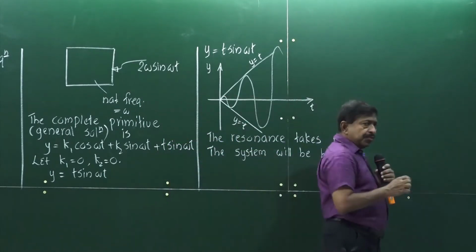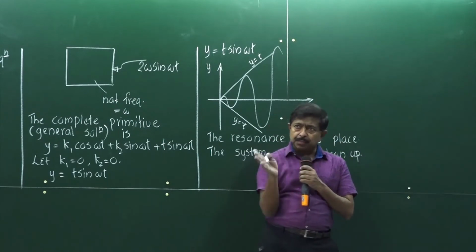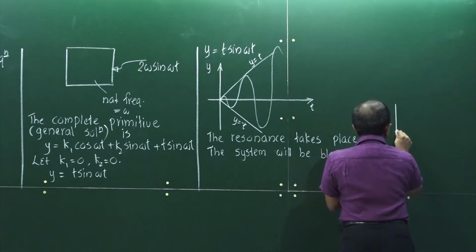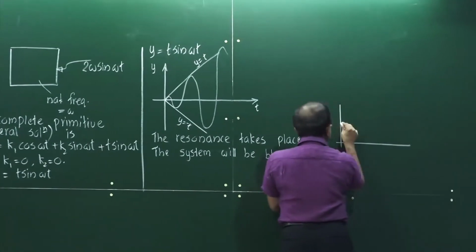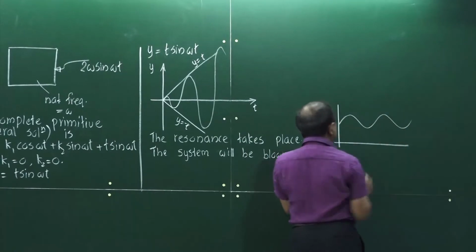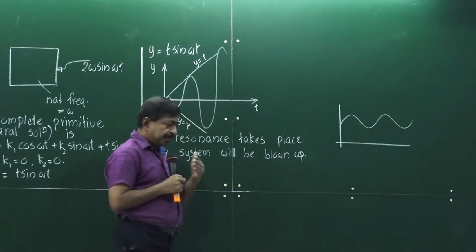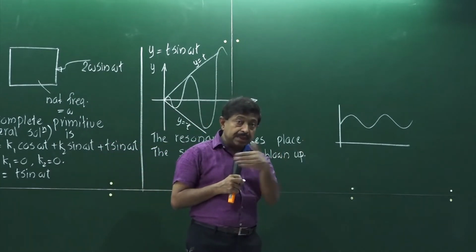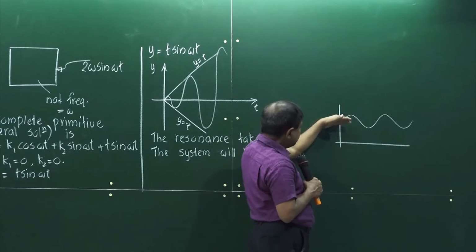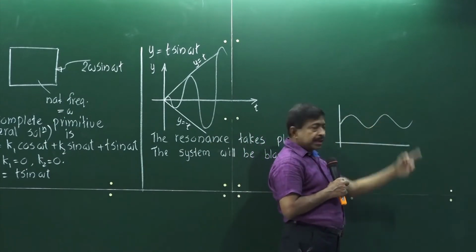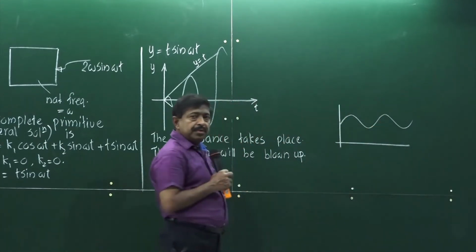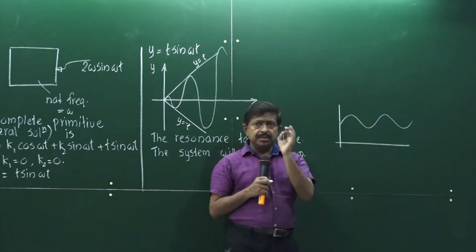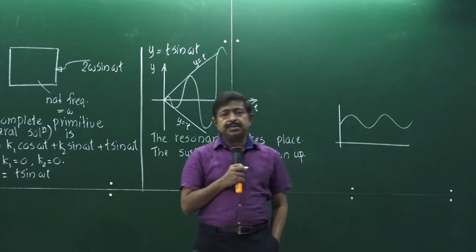But the wind had this property: it was not blowing at a constant speed. It became faster then slower, faster, slower. The wind was not going in the other direction. It had an average of 35, but it was like this. Then somehow this oscillation matched with the natural frequency of a certain bridge.